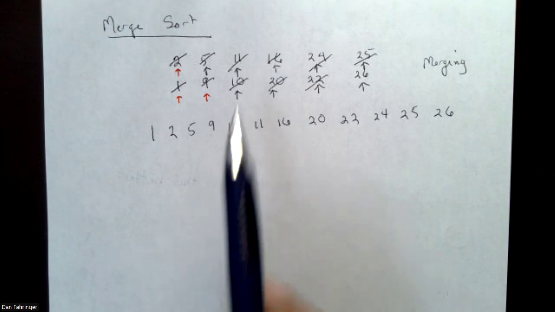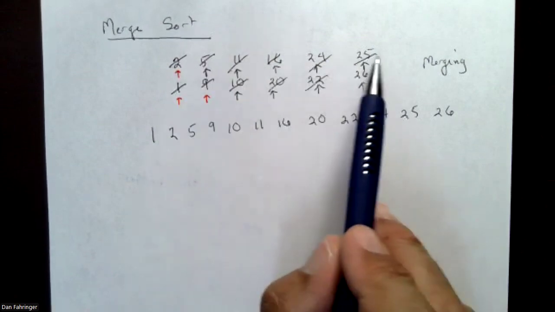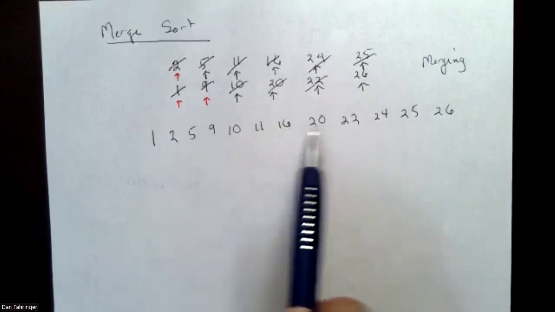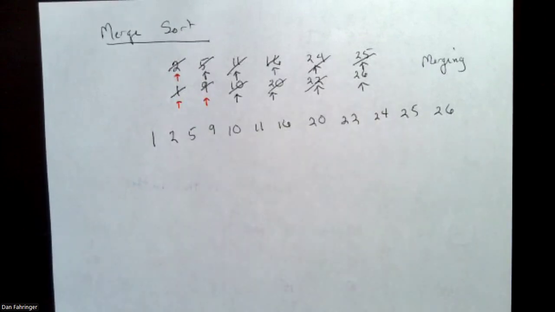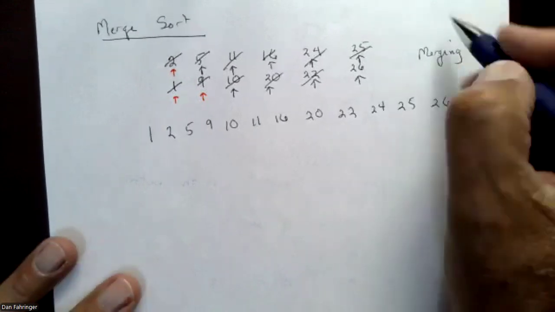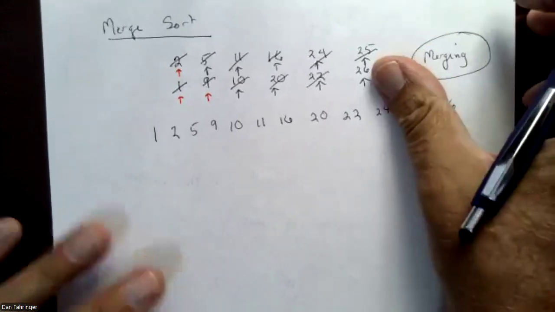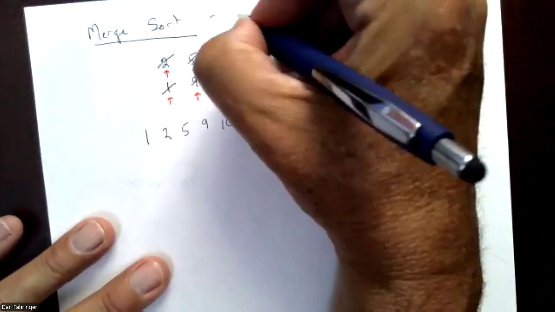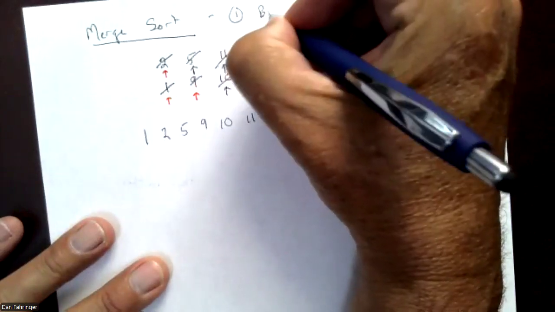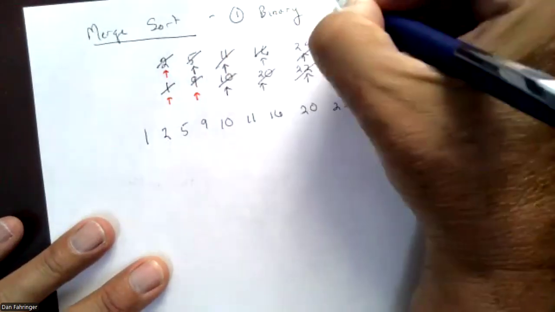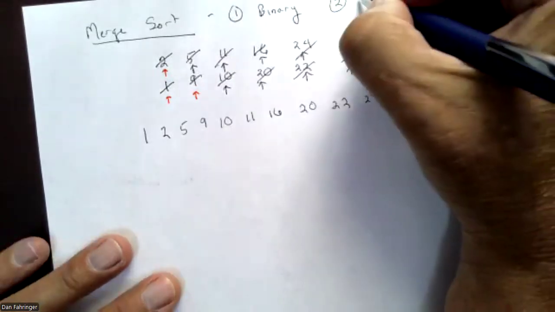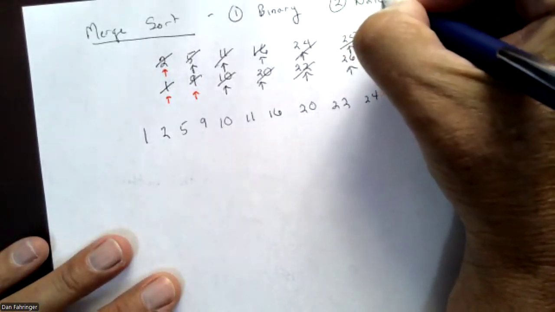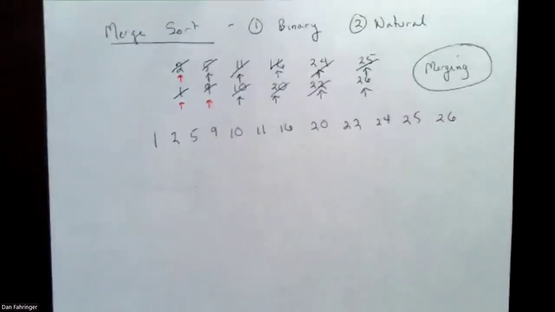So I'm going to merge 2 smaller sorted lists to make a larger sorted list. Okay, so that's the idea of merging. Now, the merge sort, there's going to be 2 of them. First one is called the binary, and the second merge sort is called the natural. And you'll see why.